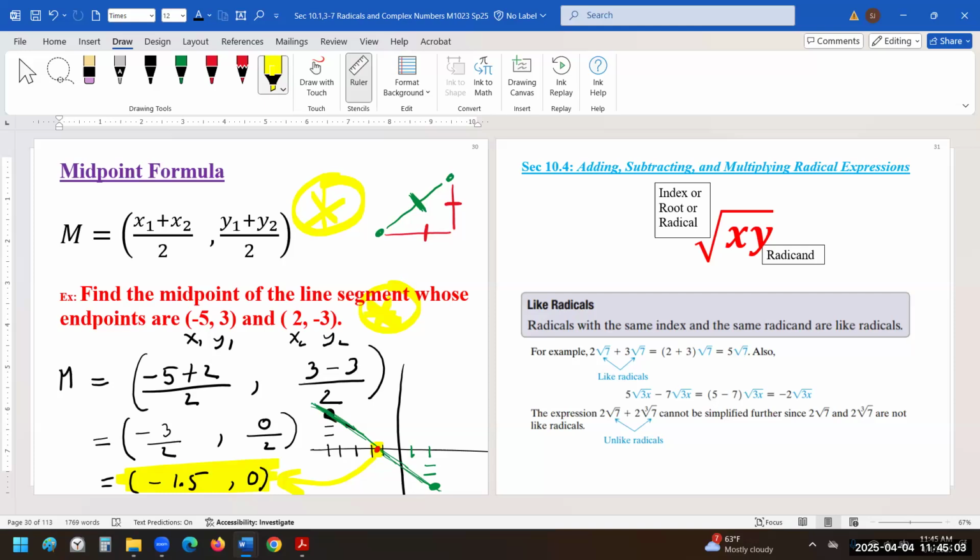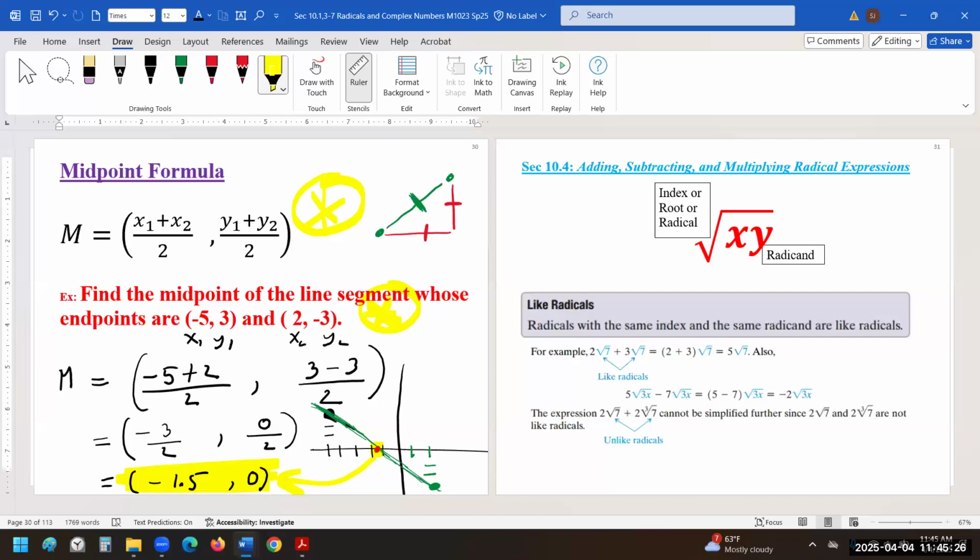When you add and subtract radicals, there are two conditions. We have to have the same type of radical, like the same index. Also, we have to have the same radicand. The index is the type of root, and our radicand is whatever we have inside the radical sign.